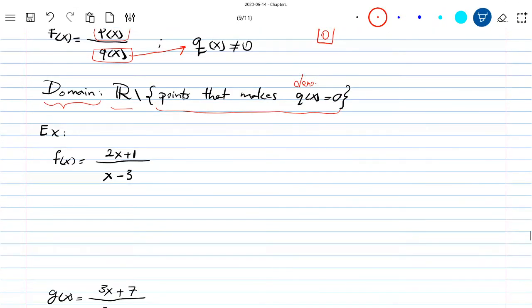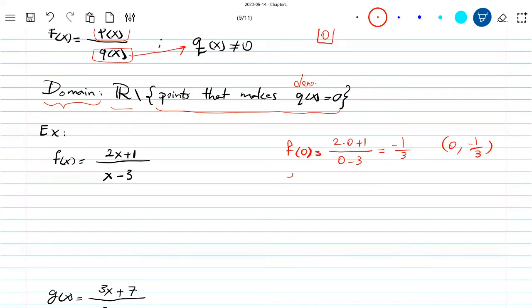Here's an example. Is it okay for me to replace x with 0 in the function f of x equals 2x plus 1 divided by x minus 3? If I replace 0, I get 2 times 0 plus 1 divided by 0 minus 3, which is negative 1/3 if you simplify. So yes, it is okay, because if I replace 0, I get a y value.